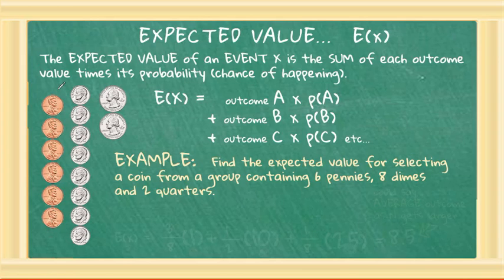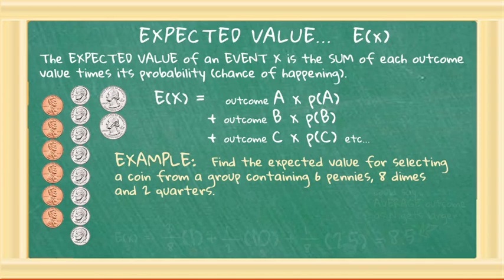So I've got in a bucket or something, 6 pennies, 8 dimes, 2 quarters, and the question is find the expected value from selecting a coin from here. Well, if we pick one coin, either we're going to get a penny, 10 cents, or 25 cents.